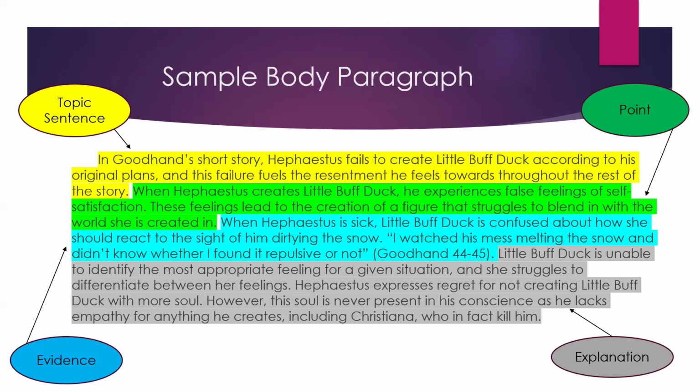And then the second sentence explains that Hephaestus has not only mistreated his Little Buff Duck, but he has also mistreated his other creations, and ultimately this causes him to lack empathy for anything he creates, and as a result of all this, he is one day killed by one of his own creations, Christiana.